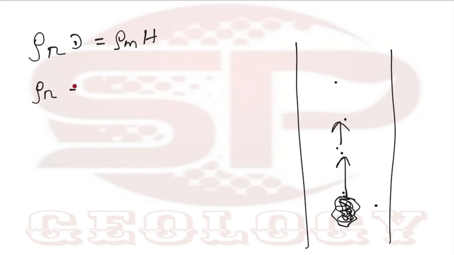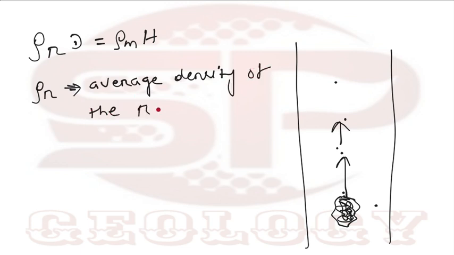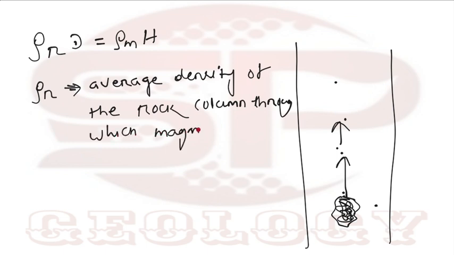Rho r is the average density of the rock column through which magma will rise.